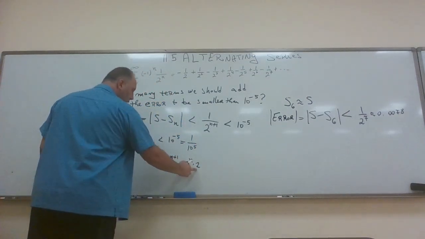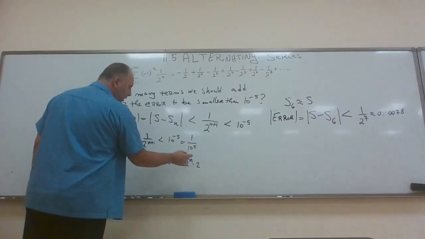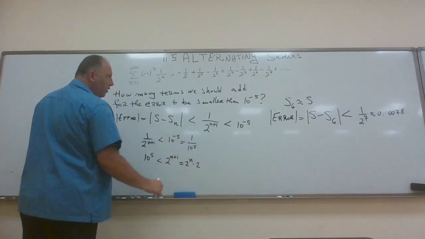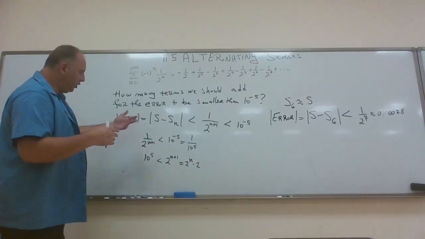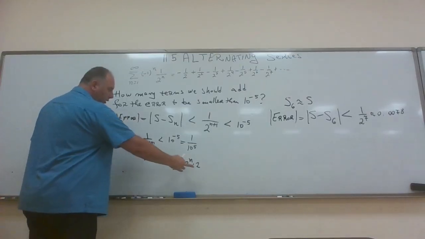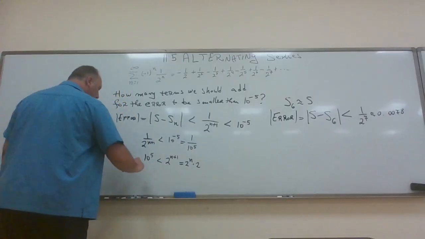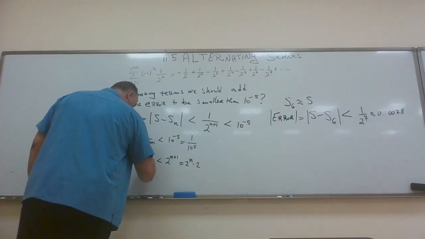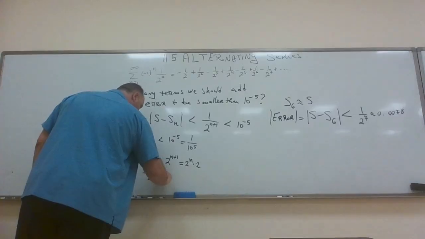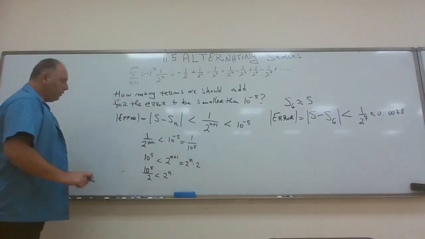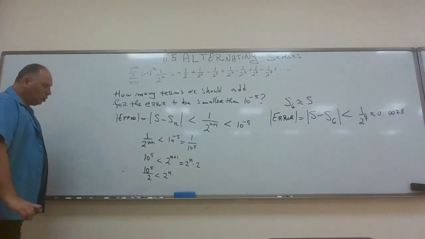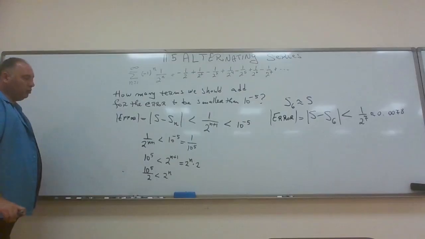So I could either start trying numbers for n, certain values like 5, 6, 7, and the first one that works is good, or since in this case it's possible to solve, I'll have something like this. So how do I find n? What should we do? Well, maybe use the log.